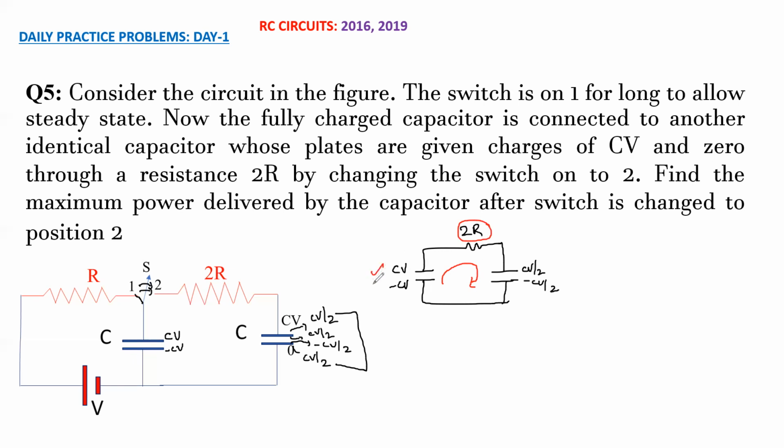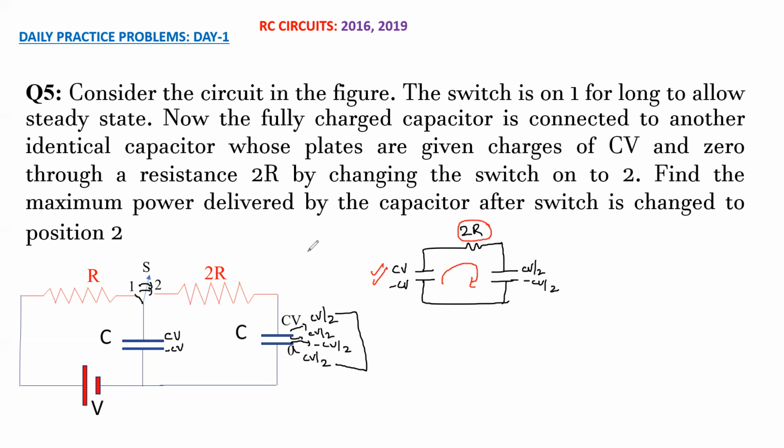And since the first capacitor is giving out charge, its voltage also decreases with time. So the current through the circuit is highest immediately after shifting the switch, and the voltage in the capacitor is also highest at the time we have just changed the switch position from 1 to 2.